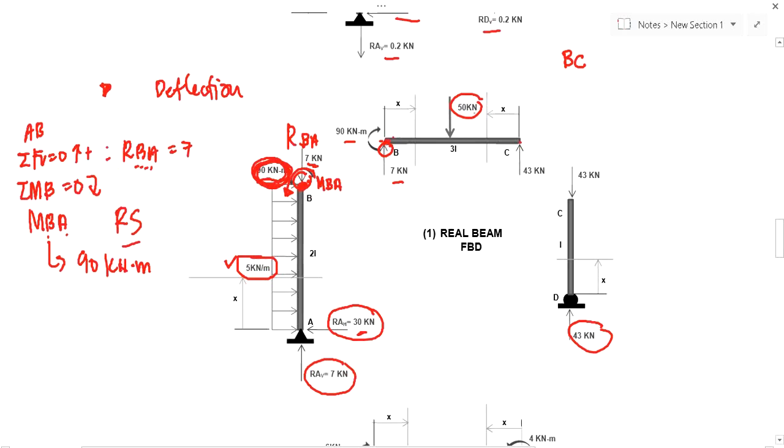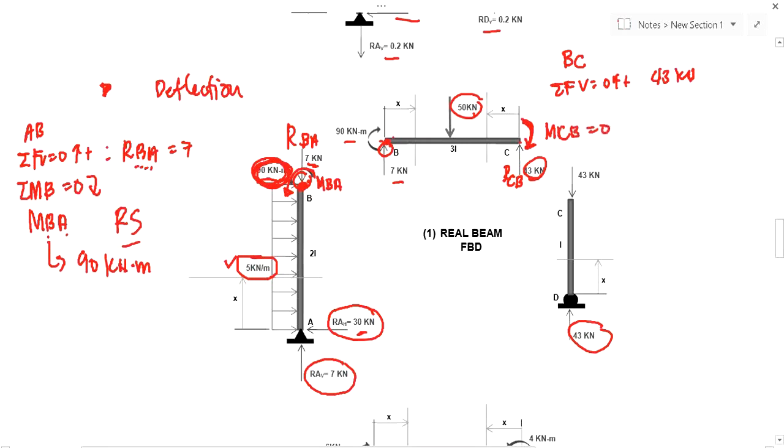Okay? The same pa rin yung 50 kilonewton. If we take summation forces vertical, makukuha natin yung RCB, which is 43 kilonewton. Okay? And if you take moment here at C, pagka nag-moment kayo dito, ang moment natin dyan, 0.